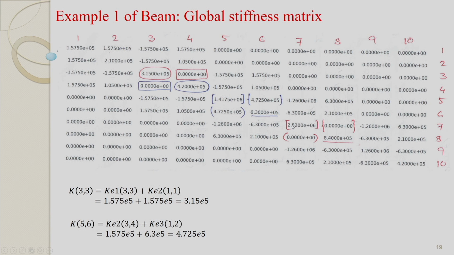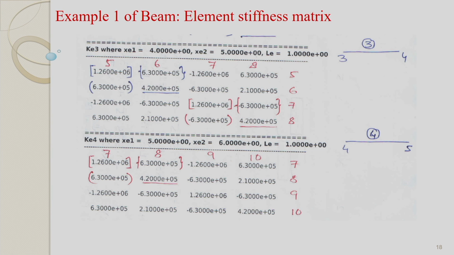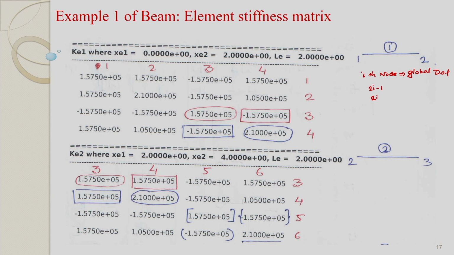Again here, for better understanding, I have marked each element term with the same symbol, like 4 comma 4 is circled with a blue circle, that is appearing in the first element with this term, also in the second element 4 comma 4 it is marked with a blue circle.